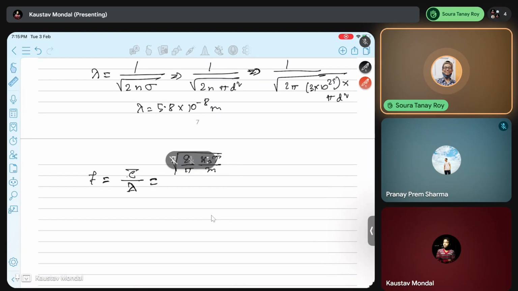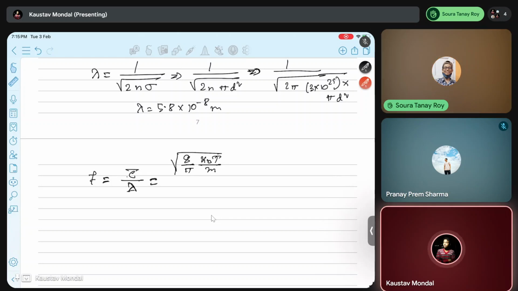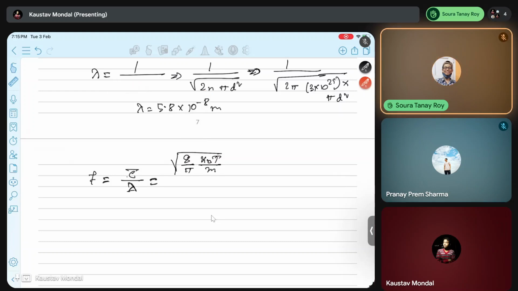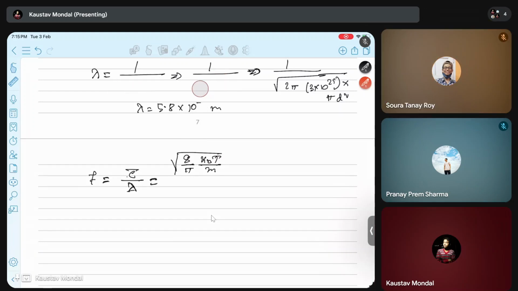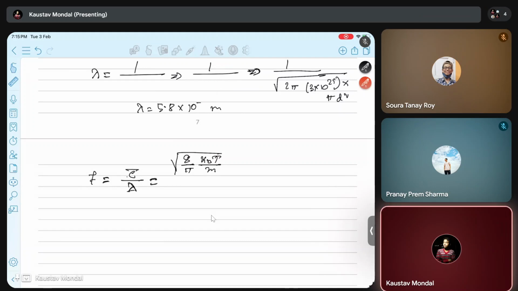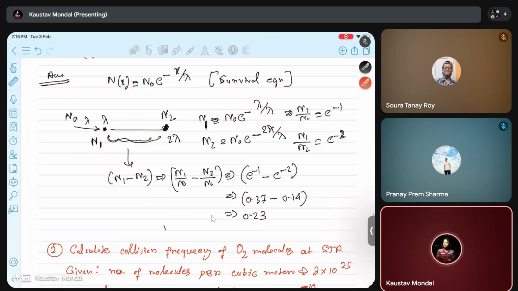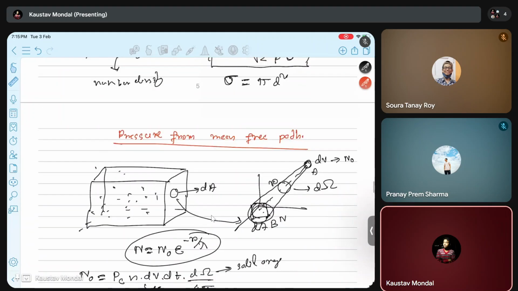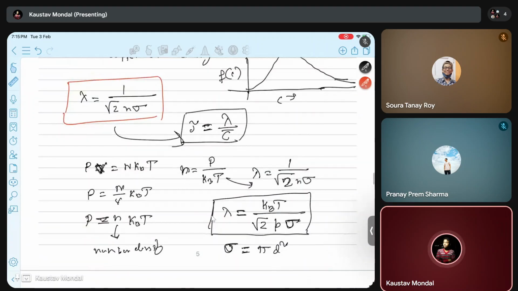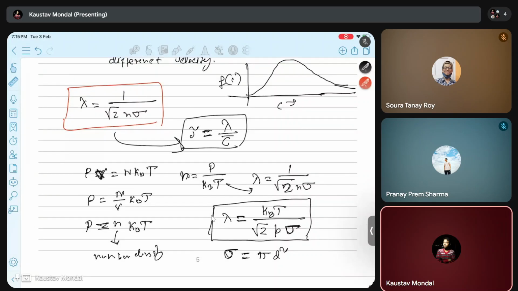In the lambda formula it's 1 by root 2 n sigma, right? Oh, sorry, root 2 is there. Yes, it should be root 2. In the expression you have written correctly, this is the correct one, n sigma.